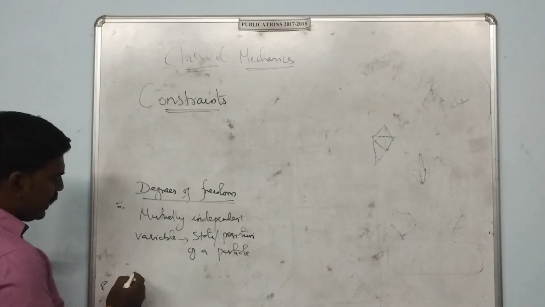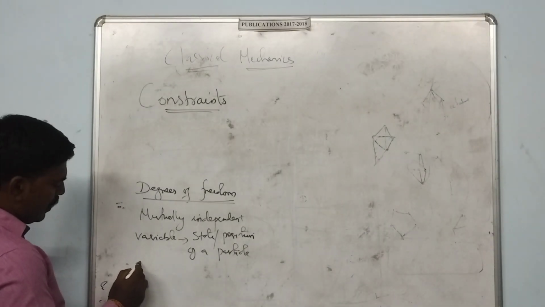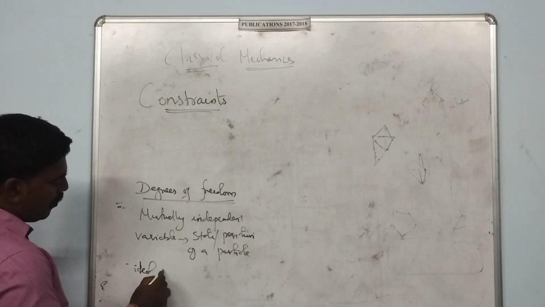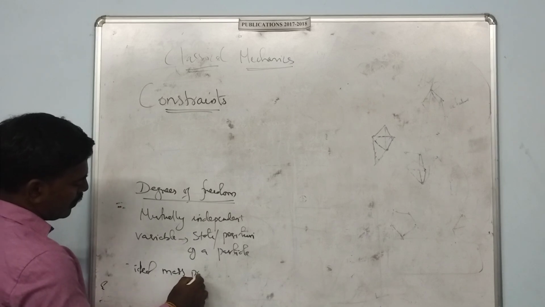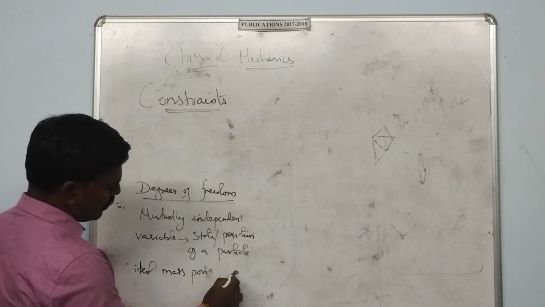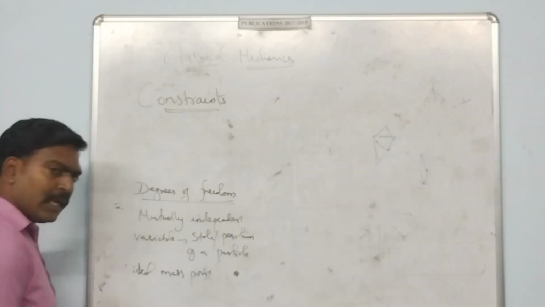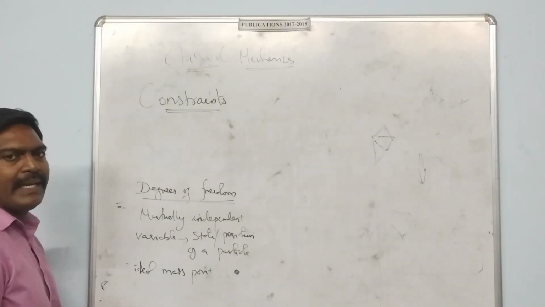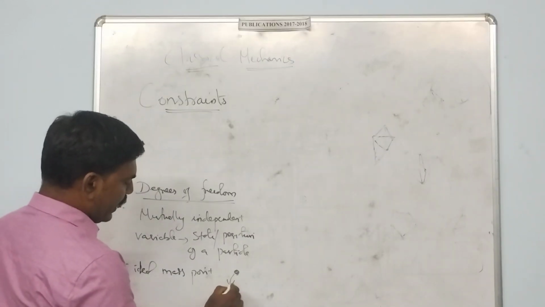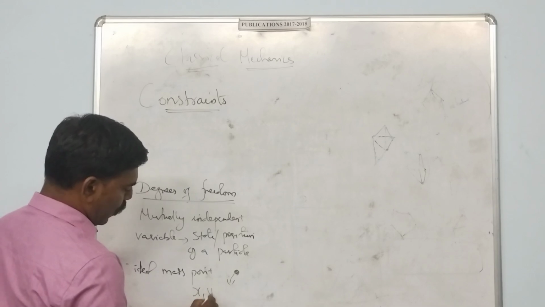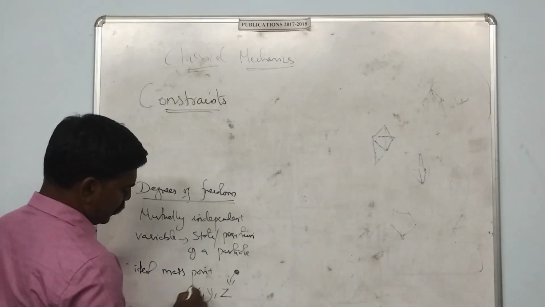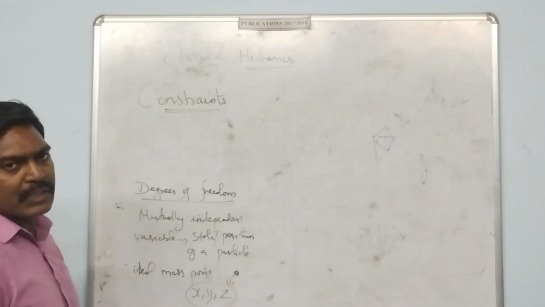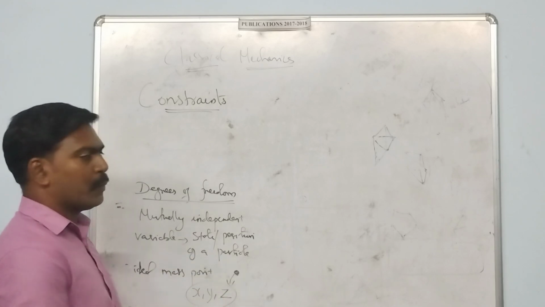So if we consider an ideal mass point, for defining or finding the position of the point particle, we need three coordinates x, y, z. So we need three coordinates for stating this particle.